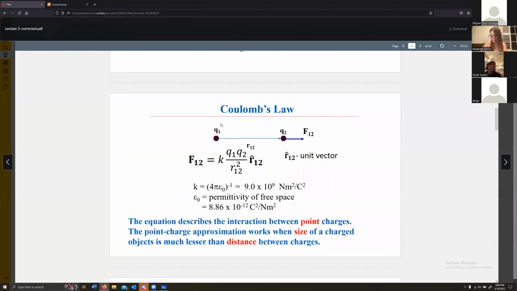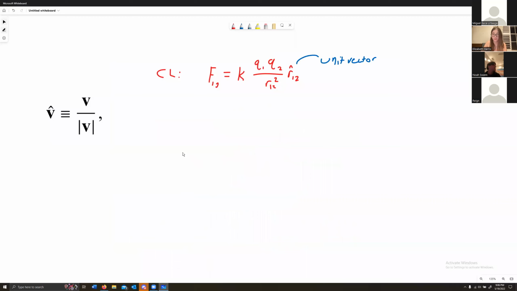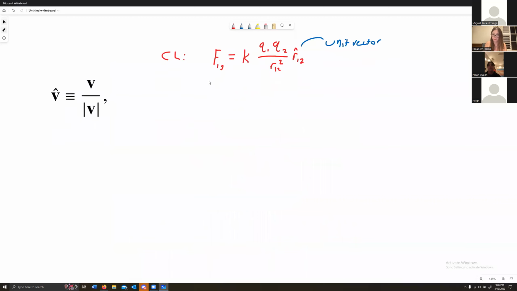I know we did a lot of that in Physics 1, but for example, in the homework, we have a question where we have a table. Just imagine these are straight lines, Y and X. Say this is a negatively charged particle, this is positively charged, and you have a positively charged one down here.